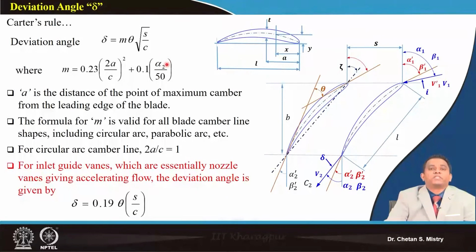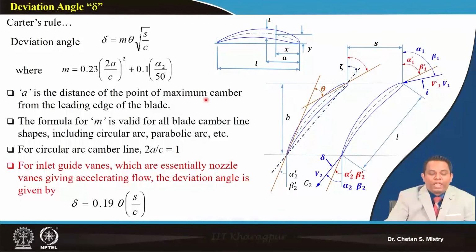If I am considering this equation for a rotor blade, in place of alpha 2 we will have beta 2. As we have discussed, A is the distance of the point of maximum camber, the location of maximum camber from the leading edge.